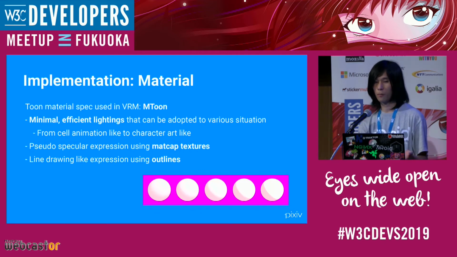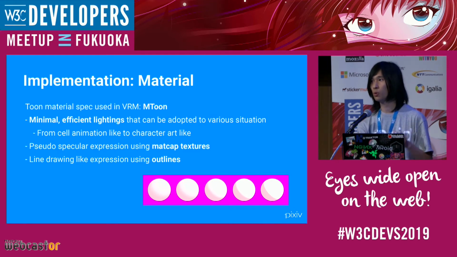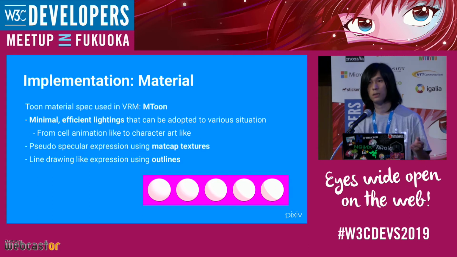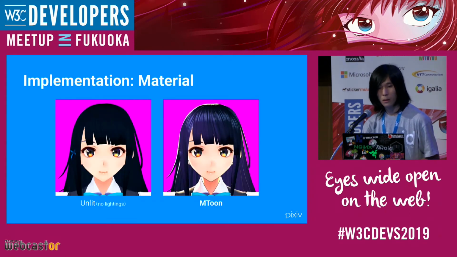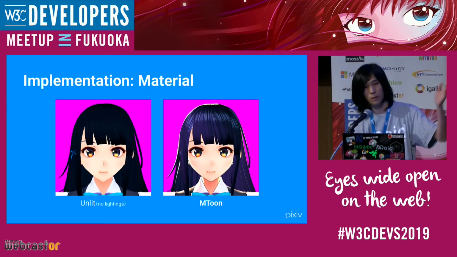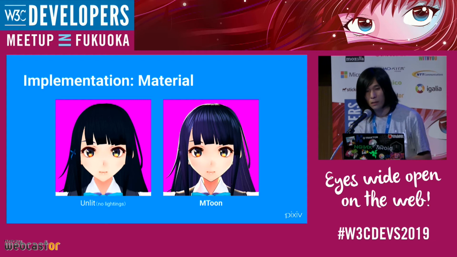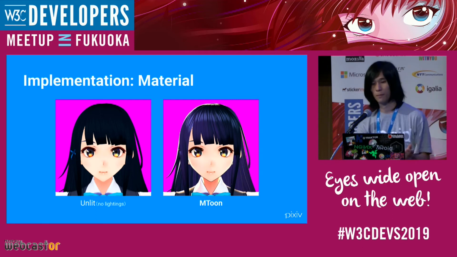In VRM, we can use a material called MToon. MToon is basically a toon material, but it has so many features. Here's a comparison of a simple material and MToon. As you can see, MToon is way more expressive.